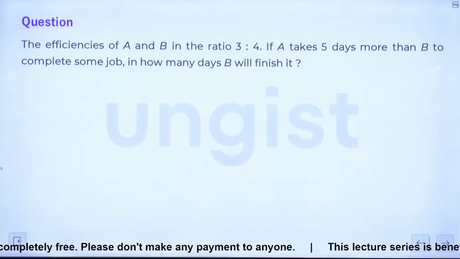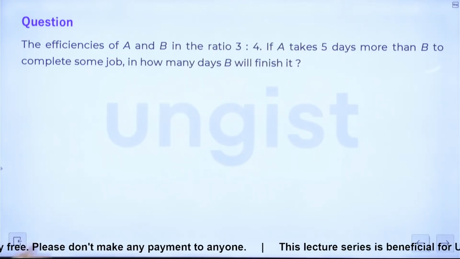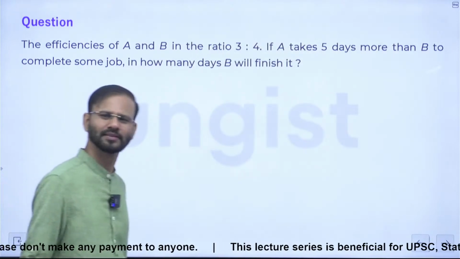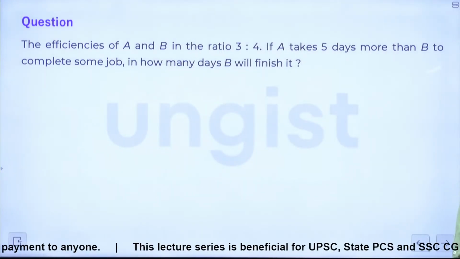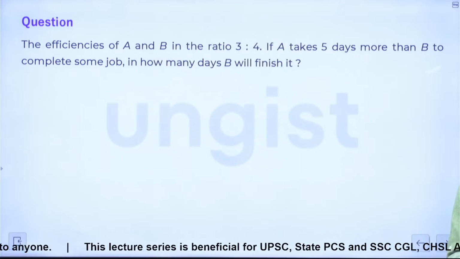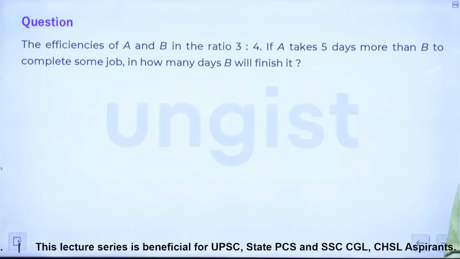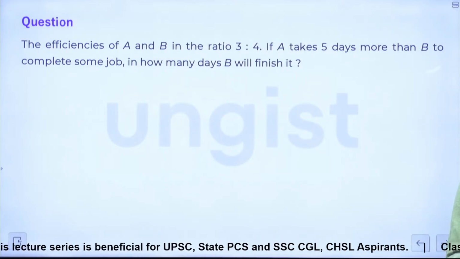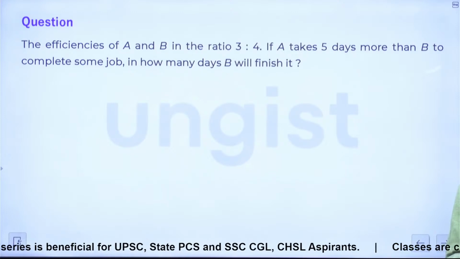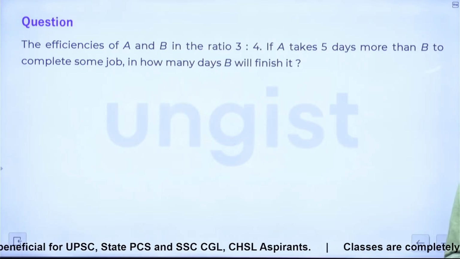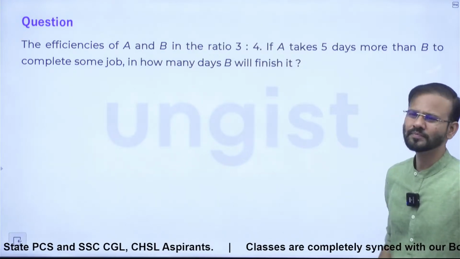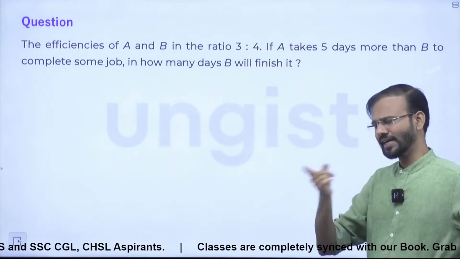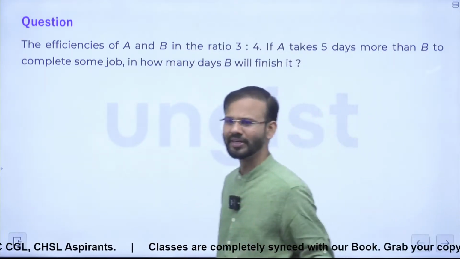ऐसे ही बताइए मुझे. Don't do anything else. Do like this. How? See guys, who is more efficient? B. So B will take less time. The answer will be 15-20.